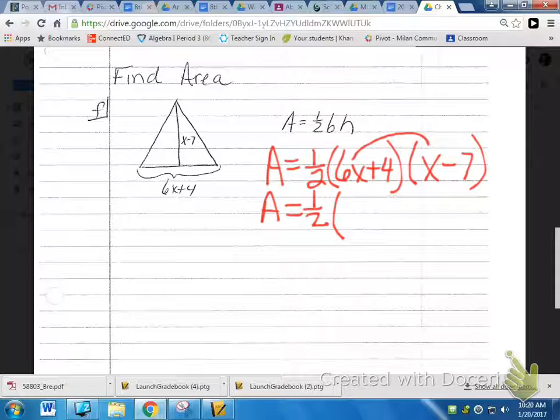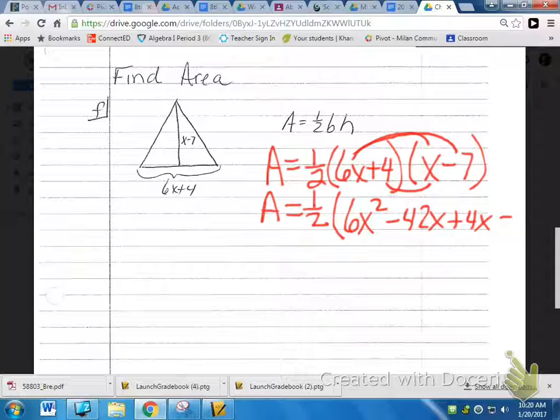So first, 6x squared. What's my outer? Outer would be 6x times negative 7, negative 42x. Inner, 4 times x. And last, minus 28.